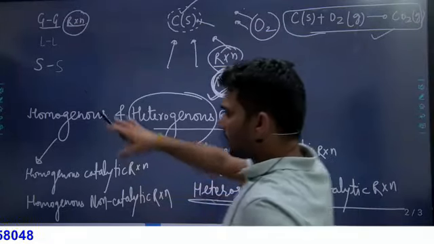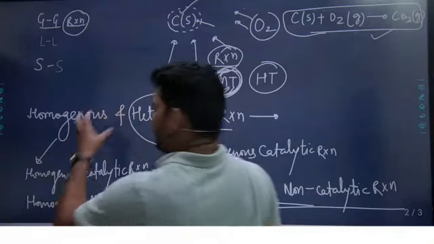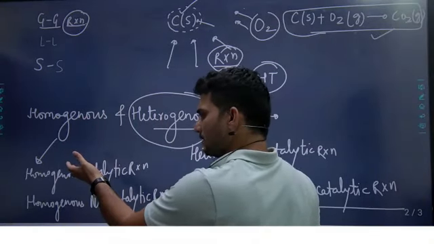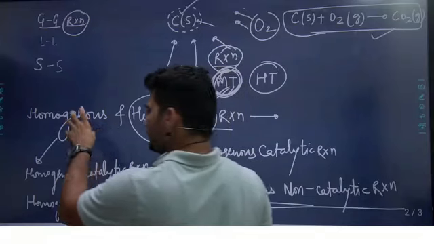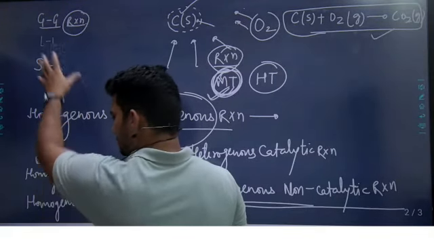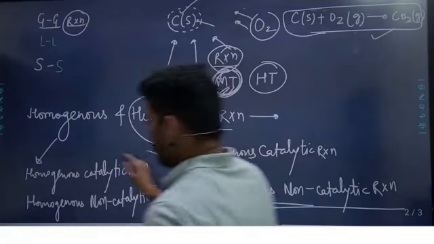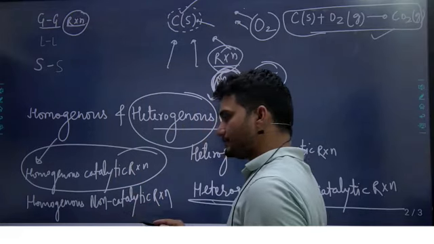In case of a homogeneous reaction, the product yield depends only on the chemical reaction, because the reactant molecules are easily available for the reaction. Now a homogeneous catalytic reaction.